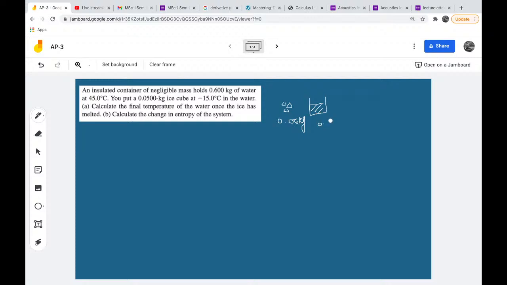I am not writing this whole thing because it is still not very convenient to write on the keypad. So the water is at 45 degrees Celsius, and the ice cube is at minus 15 degrees Celsius.